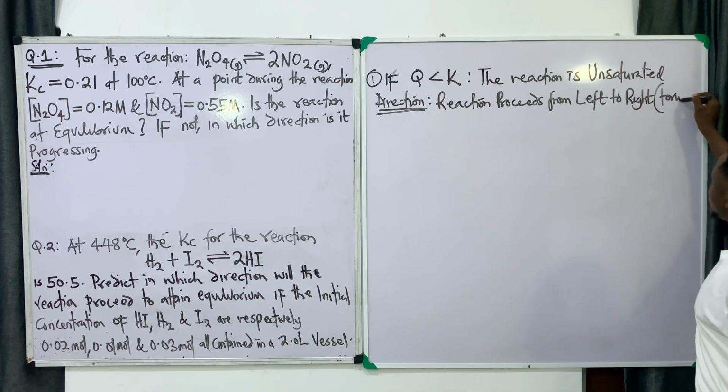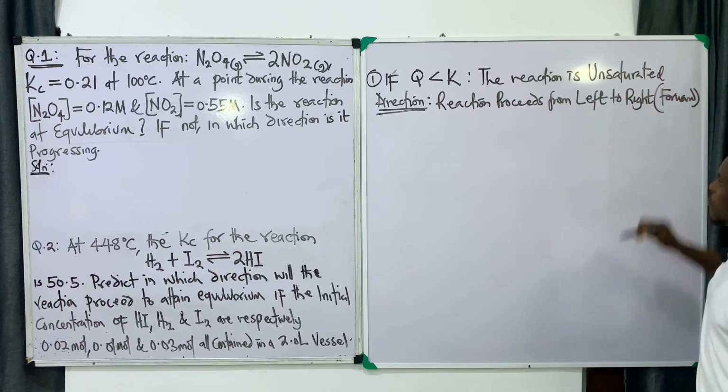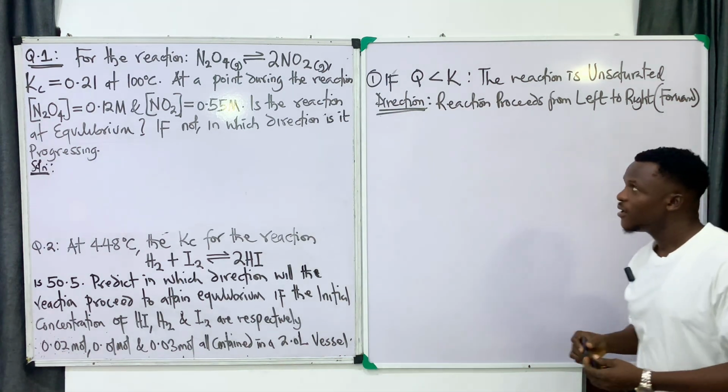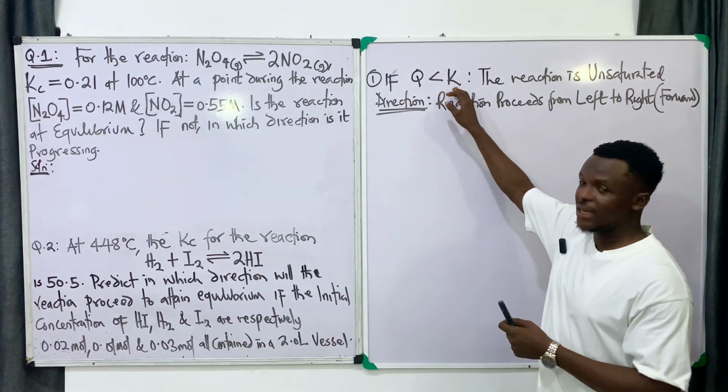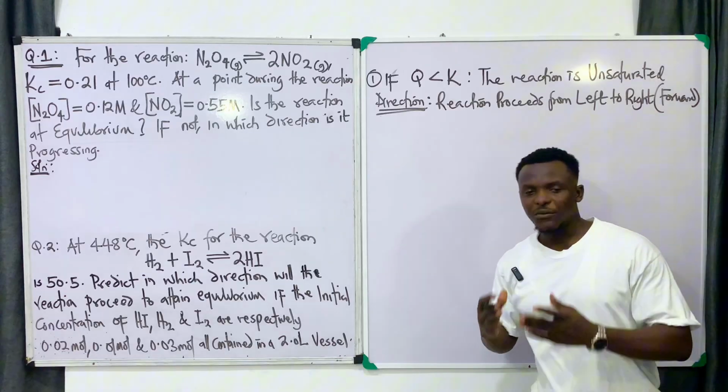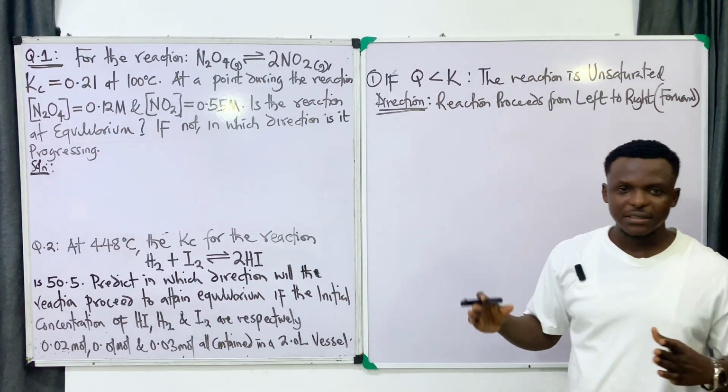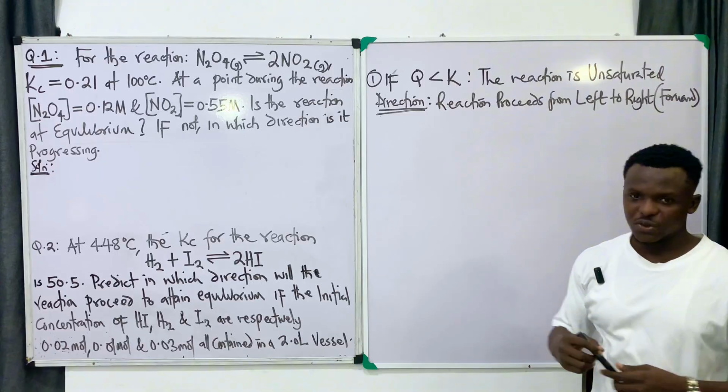That type of reaction, we call forward reaction. So if after solving for your Q, the value you get is less than the value of K, you now say that the reaction proceeds from left to right. In other words, the reaction is unsaturated.